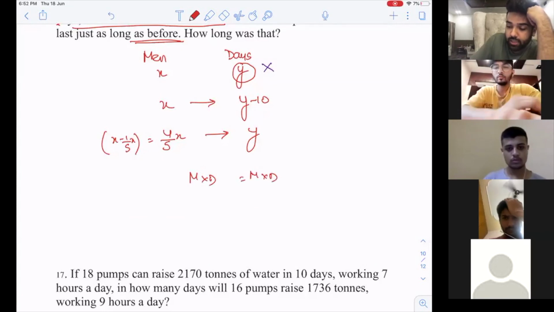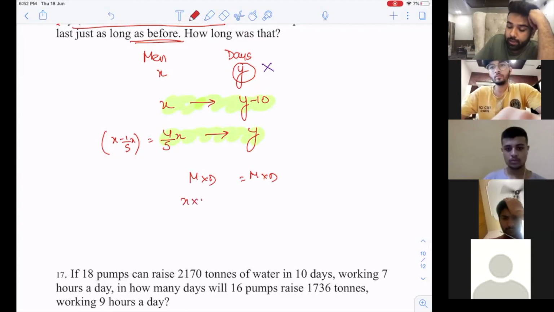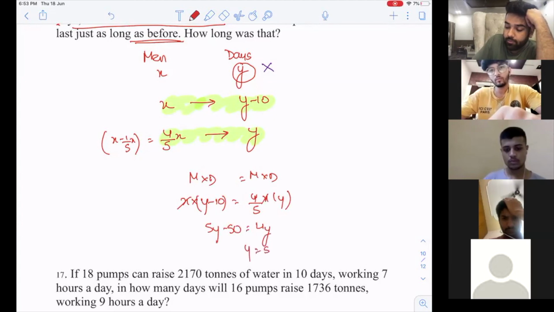The food is the same on both sides. So let's multiply: X into (y minus 10) is equal to 4/5 x into y. X and x get cancelled. 5y minus 50 is equal to 4y. Y comes out to be 50 days.